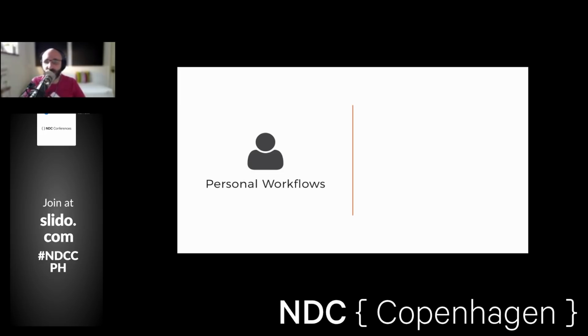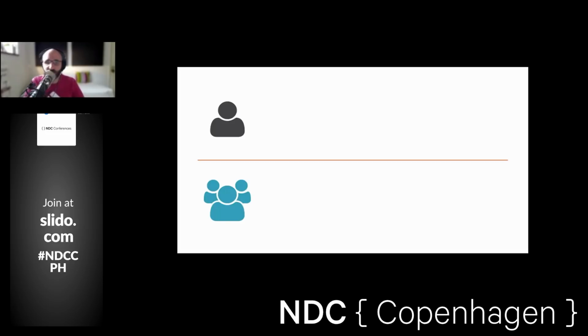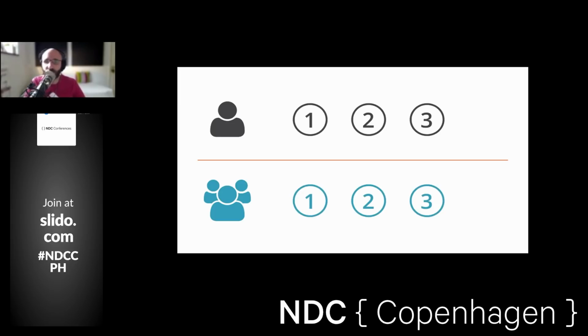And then there are the things that you do with the rest of your team, and those I call team workflows. So the content of today, I divided into these two categories just to keep them clear. To be more specific, I give you 3 pieces of advice for personal workflows and then 3 more for team workflows. All right, sounds good?